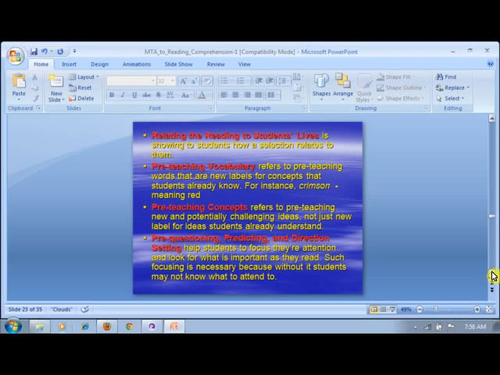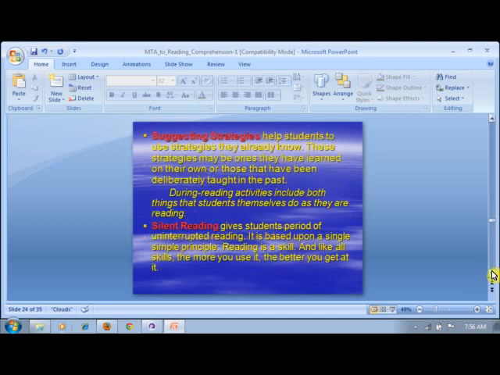Pre-questioning, predicting, and direction setting help students to focus their attention and look for what is important as they read. Such focusing is necessary because without it, students may not know what to attend to. Suggesting strategies helps students to use strategies they already know.